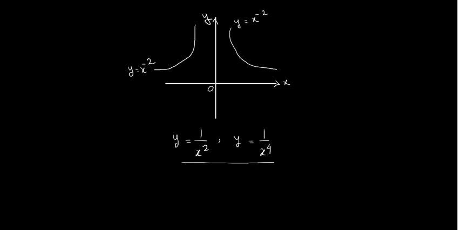Now y equal to 1 by x 4 will start here and cross this curve. This will be y equal to 1 by x to the power 4. Similarly here, this is y equal to 1 by x to the power 4.